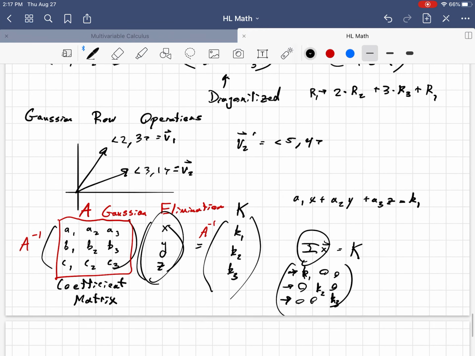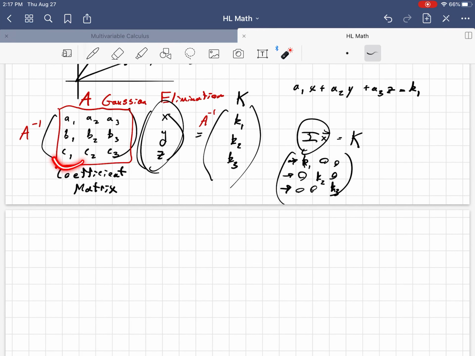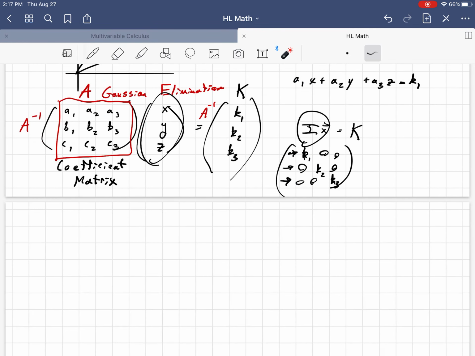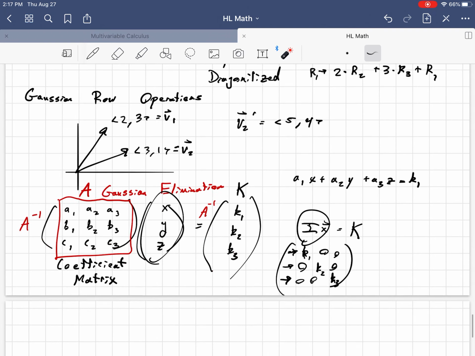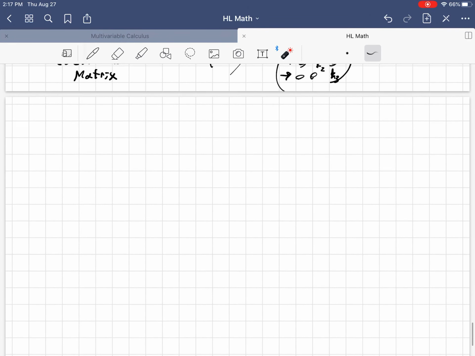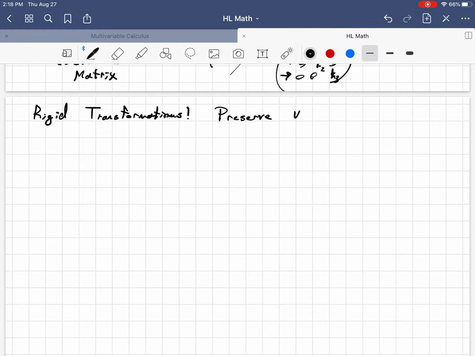And now, to go from the normal matrix that we have right here to a diagonalized matrix, what that corresponds to geometrically, like I was saying before, is just rigid transformations. That's why we can use those Gaussian row operations. Now, the rigid transformations preserve the volume in n space, say R^n.